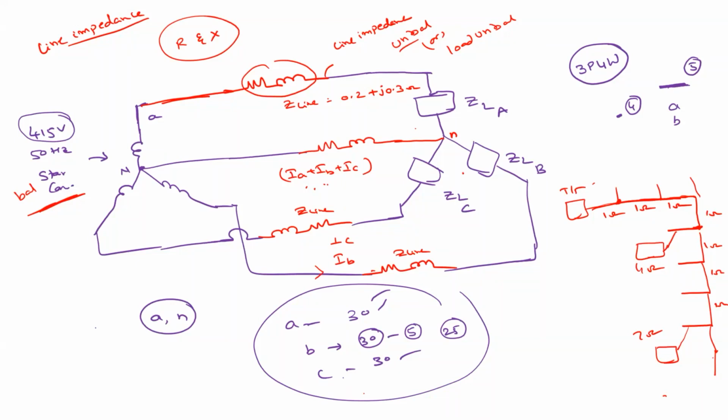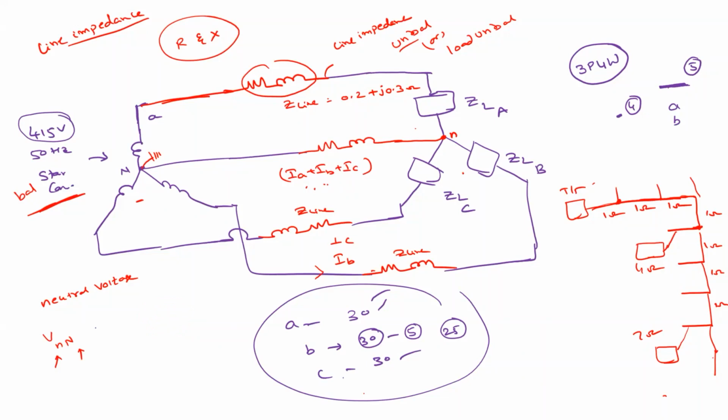Now we will define the neutral voltage. So this is the transformer, and generally this point is usually grounded. So what is VNN, the voltage between the load neutral and the source neutral?